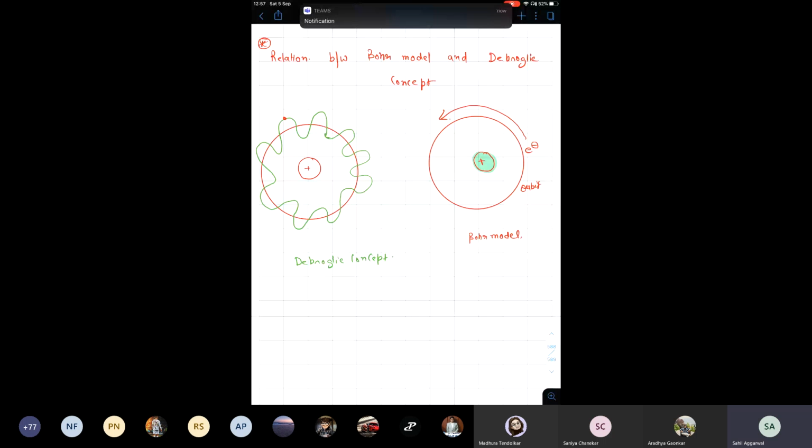He just said that in the Bohr model, the electron is moving in a linear path, right? But this theory said that the electron has a wave nature, that there is a relation between wave nature and particle nature. That is the only thing. So de Broglie is saying that whatever Bohr has said is correct. That's it.